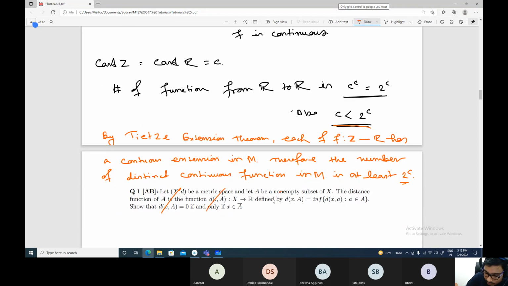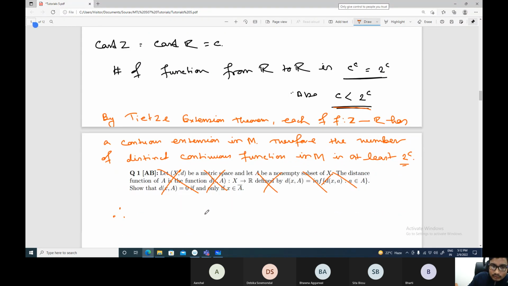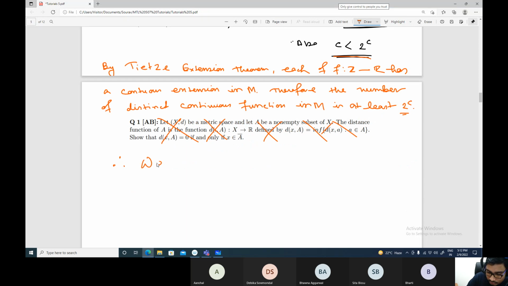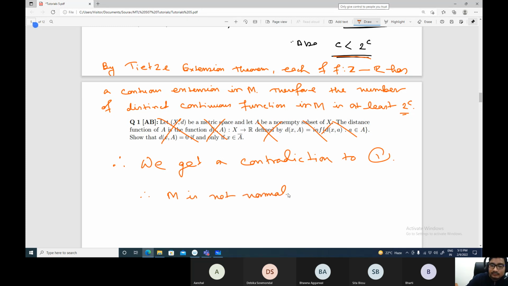Therefore, we get a contradiction to 1. So M is not normal. Clear?